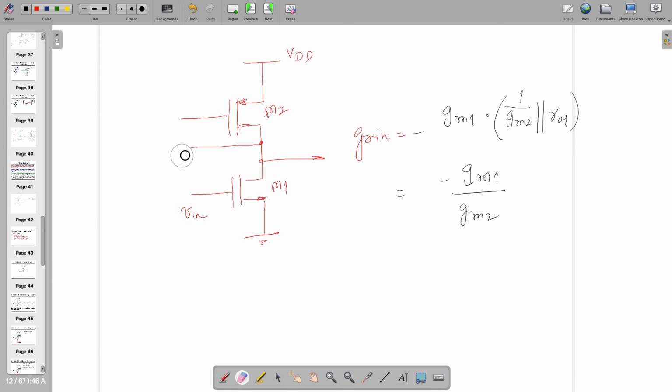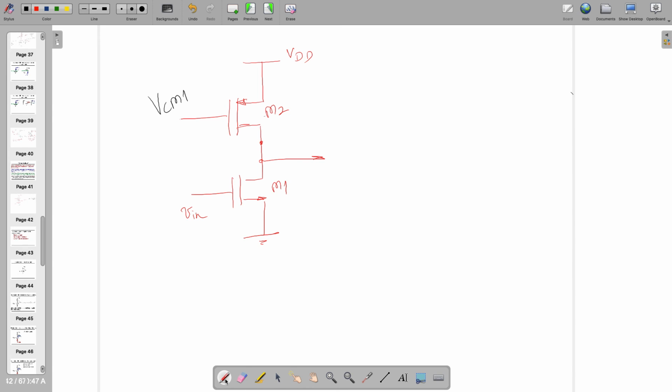Now let's consider the situation where this is connected to VCM1. Now tell me the gain. The source side impedance is very easy, right? It's 1 by GM, no problem.